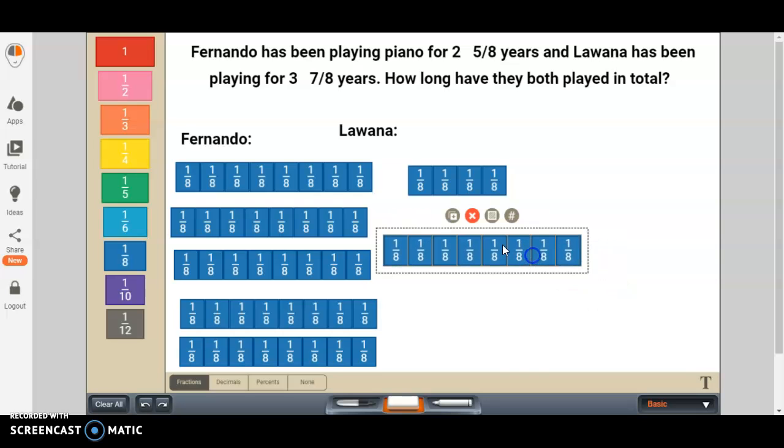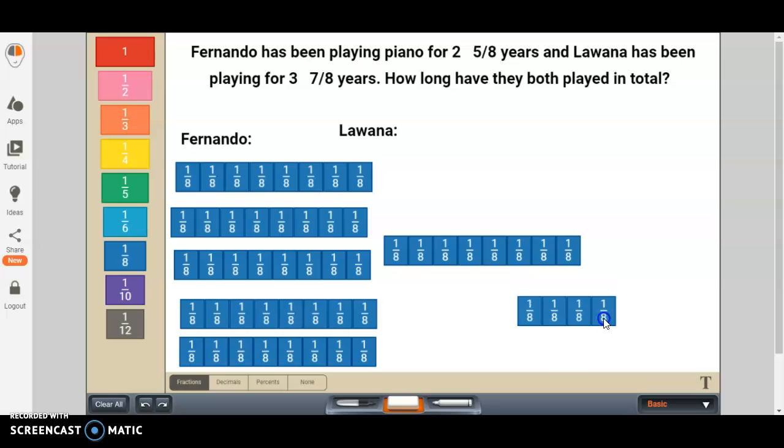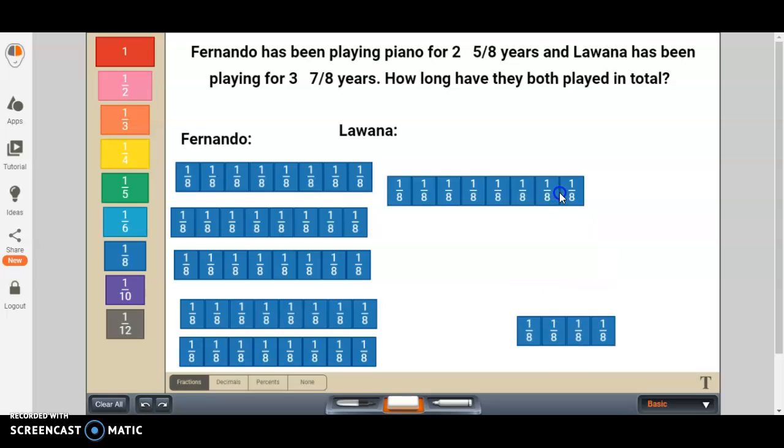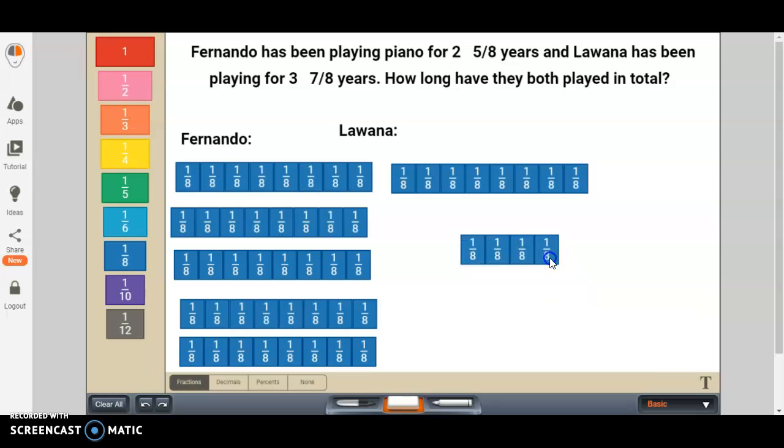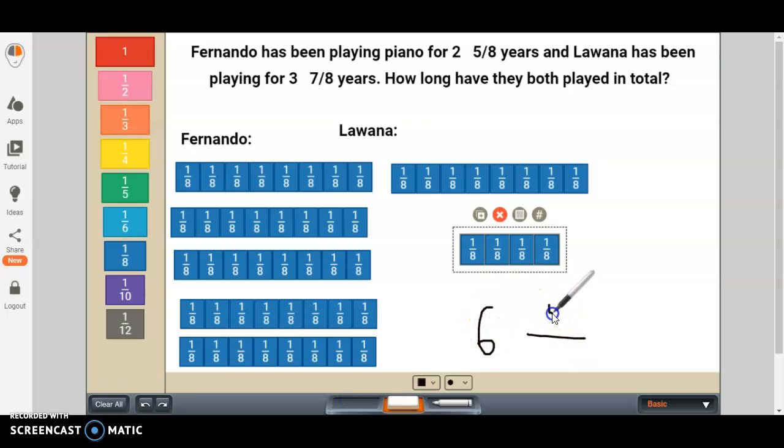So that means I have another whole number, and I'll move my parts away. Okay. So that leaves me with 1, 2, 3, 4, 5, 6 whole numbers, and 1, 2, 3, 4 eighths. So this means that I have 6 and 4/8.